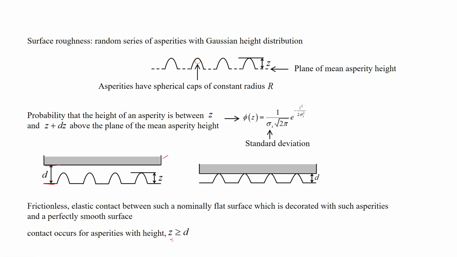If Z is larger than D, then it means that this asperity is being compressed. On the other hand, if Z is just equal to D, then it is just touching the surface, that is all it means. In general, this flat adherent will be brought in contact with the asperities and then pressed down. As we press down, more asperities come in contact because the gap decreases.